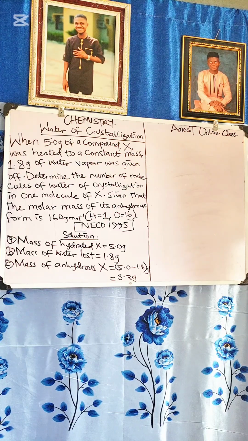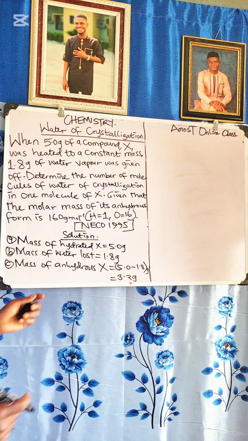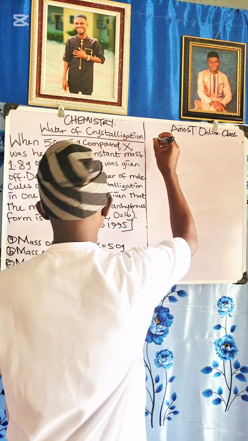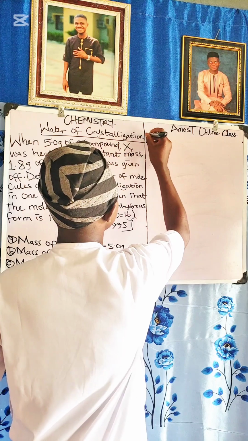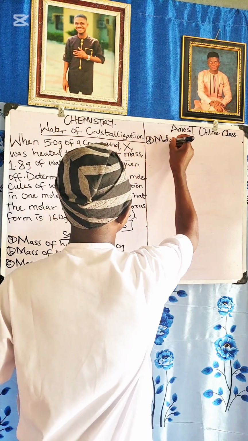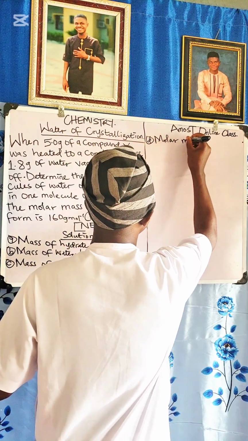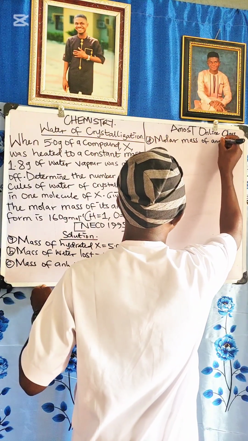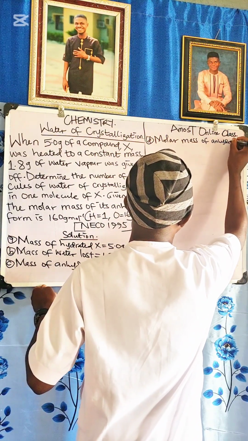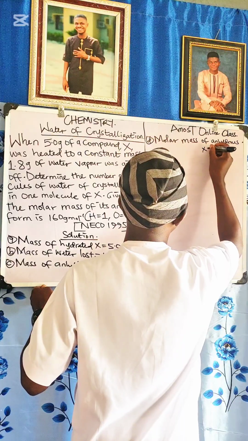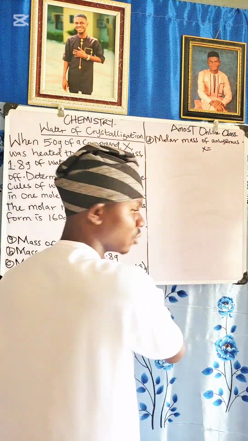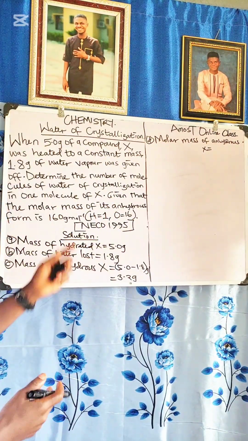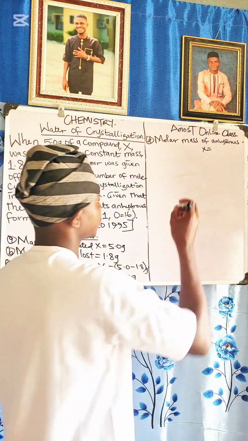So the next thing is to write the molar mass of anhydrous X. The molar mass of anhydrous X from the question is 160 grams per mole.